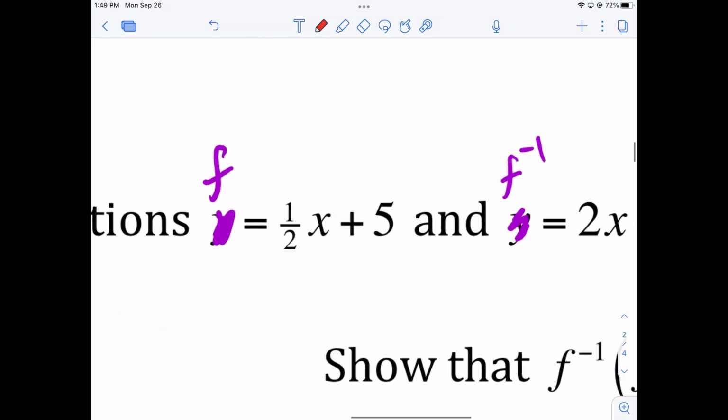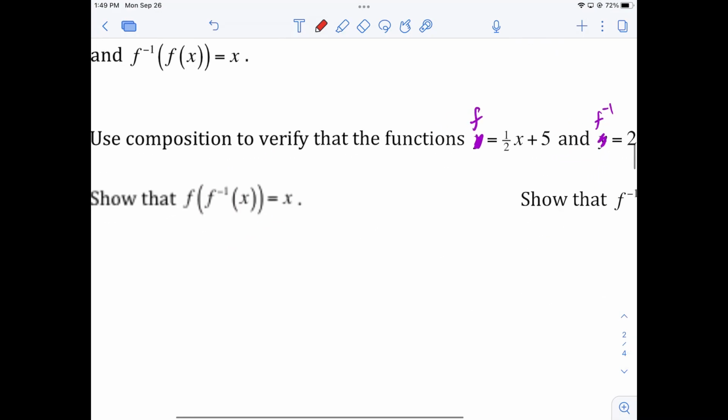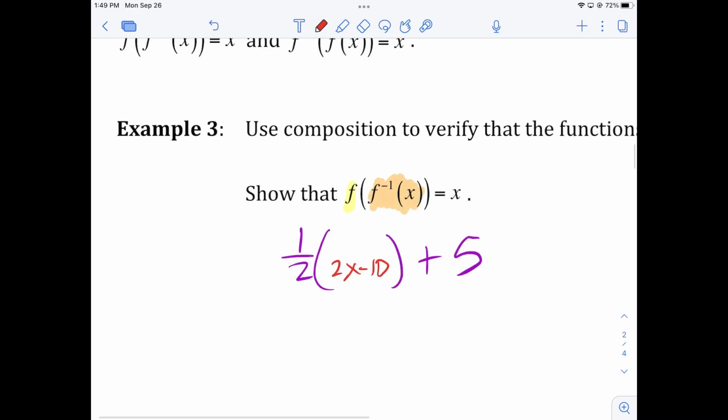Function f says 1/2 blob plus 5. 1/2 of something plus 5. All we're doing right here is we're plugging f inverse in for the something. Got it? That's called composition. We're physically plugging one function into another.